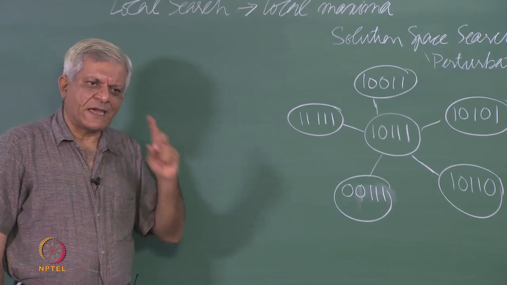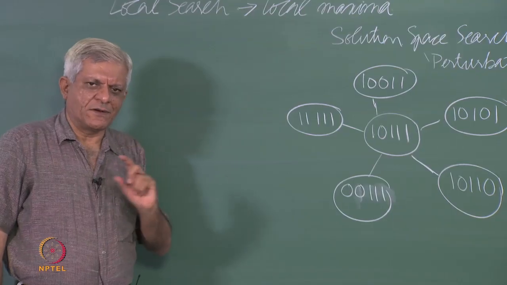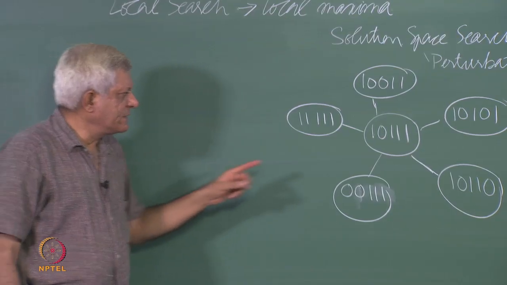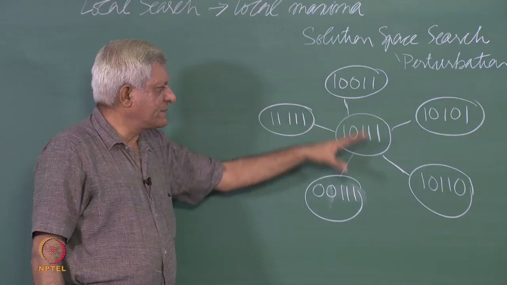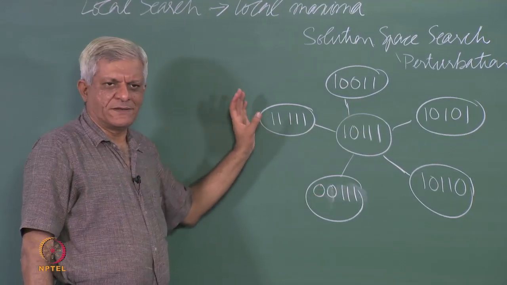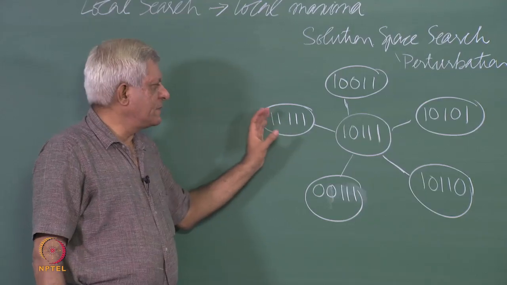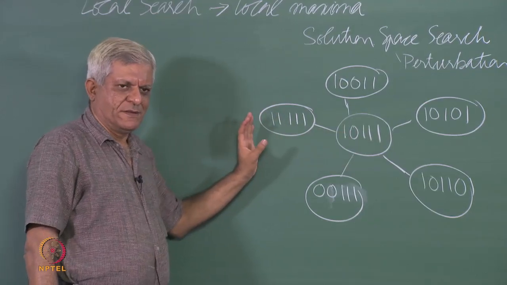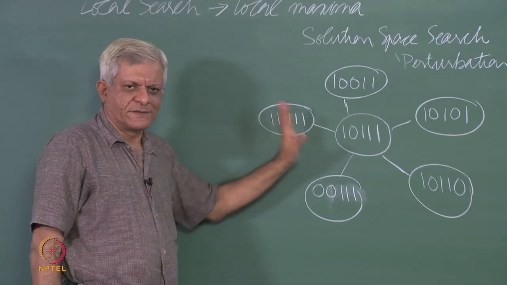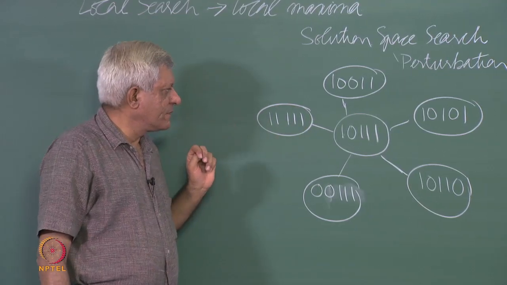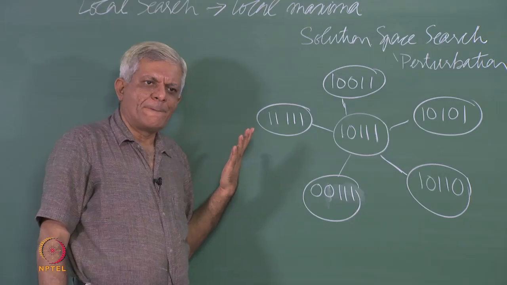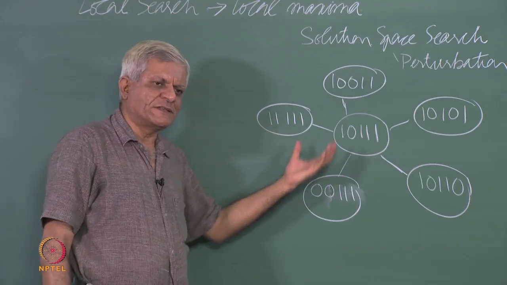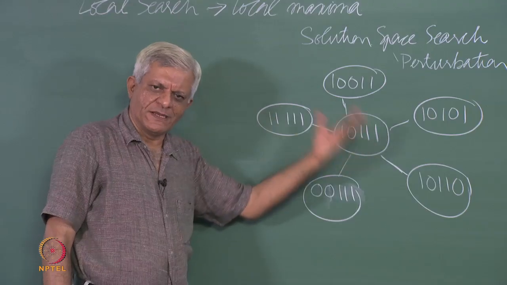Now, just to recap, what does the hill climbing algorithm do? It generates all these 5 neighbors and picks the best amongst them. If it is better than this, it moves to that, otherwise it stays where it is. So, the complexity of the move gen function will depend on how many neighbors you have.